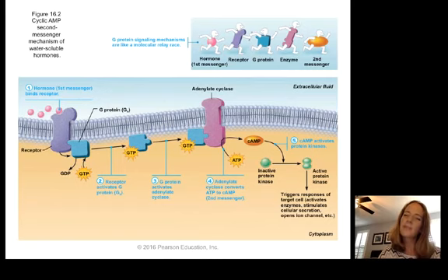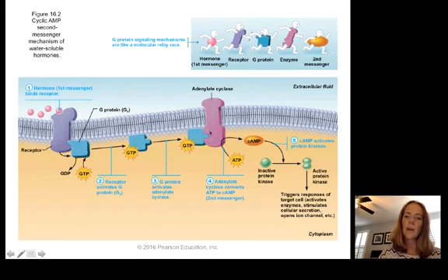Actually, I think this is from a different text. Yeah, this is from a different textbook, but I chose it because I like it better than what's in your book. But you have something very similar in your book. So the hormone, here's the hormone in pink here, binds to its specific receptor, activates the G protein. The G protein is inside the cell now and can make changes to other molecules inside the cell.